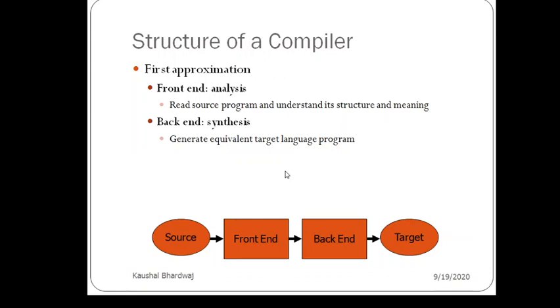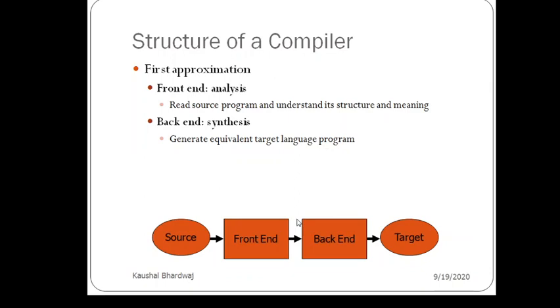Let me repeat this. For this compilation, we take the source program as input, and we have to generate a target program as output. In between, certain phases are there, and these phases are grouped into front end and back end. In the front end, these phases are responsible for reading the source program and understanding it, and after that it generates an intermediate representation of the code.